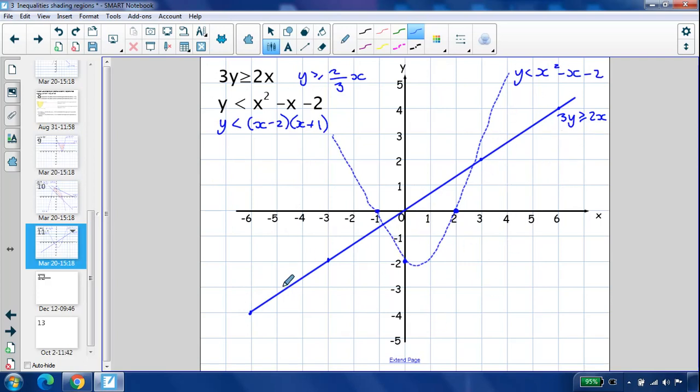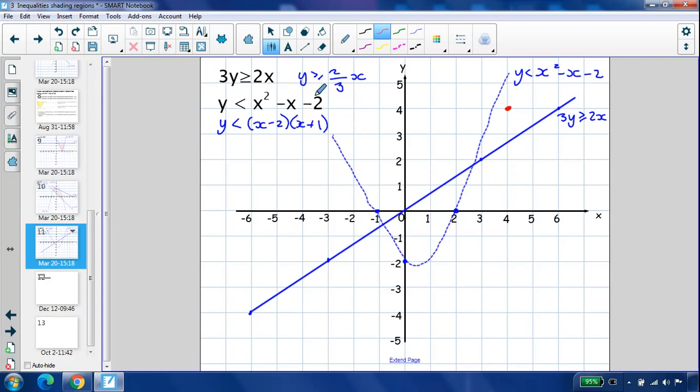And then I've got to probably think about this line now. So whether the region is going to be above this line, so here and here, or below this line, so it's going to be all of this. So I'm going to choose, let me think. I will try and choose a nice point. I'm going to choose 4, 4 up here.